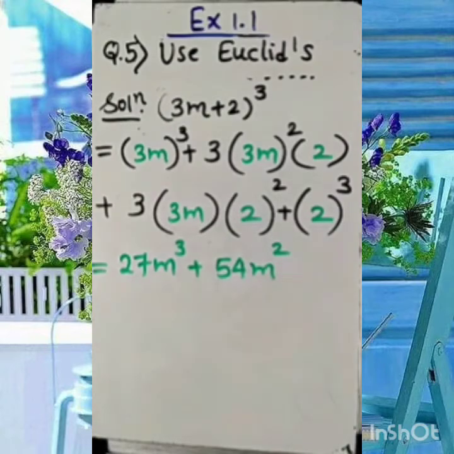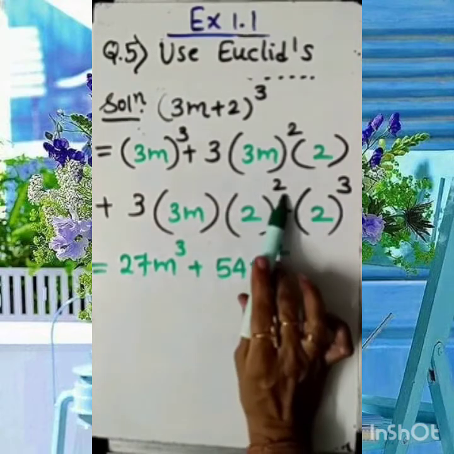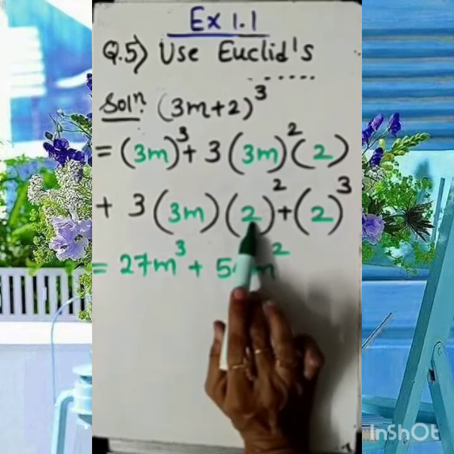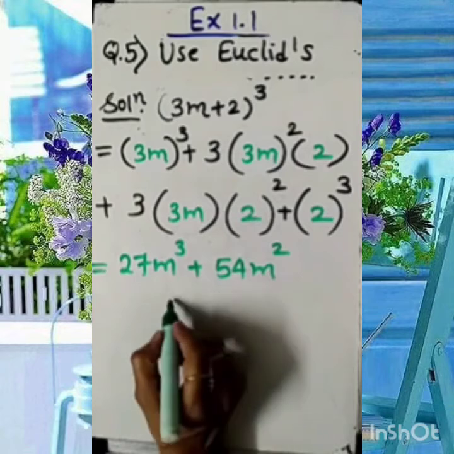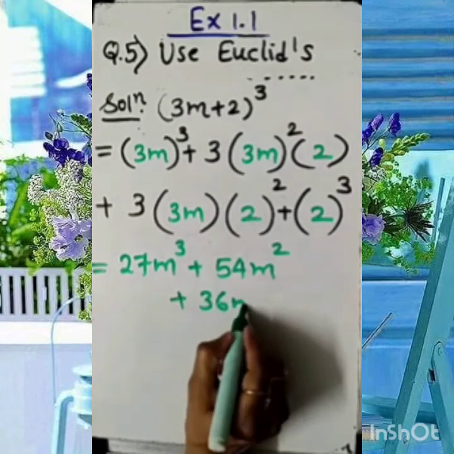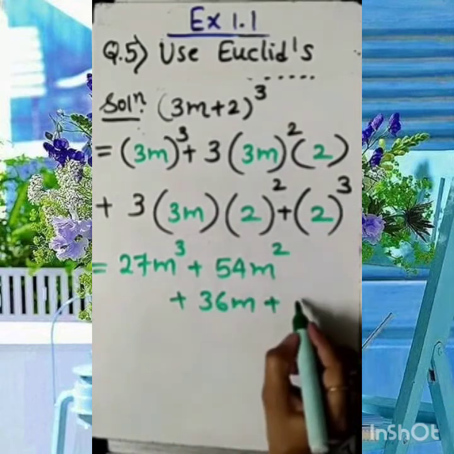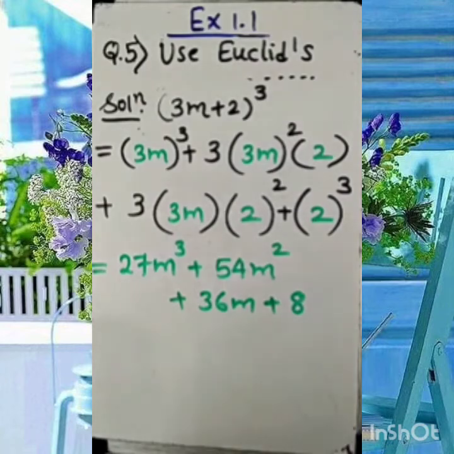Agree? Fine. Same thing here. What is the square of 2? That is 4. 4 into 3 into 3 is 36m. And what about 2 cube? We know that is 8.